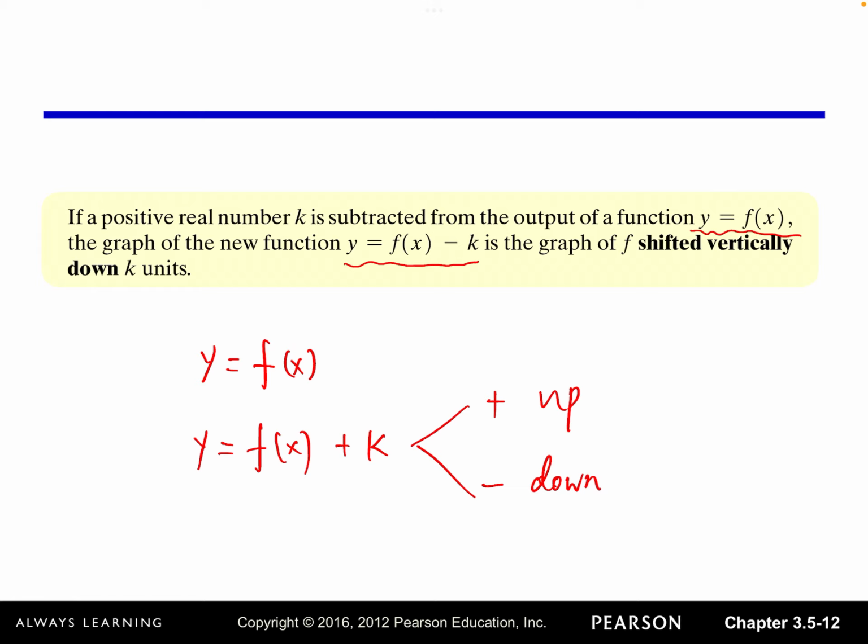Instead of saying k must be positive and plus is up, minus is down, well, it's the same. Just trying to make it easier. So up to you. If you memorize these two together, that's fine, or you memorize these two individually, that's fine too. Okay, that's all about shift.